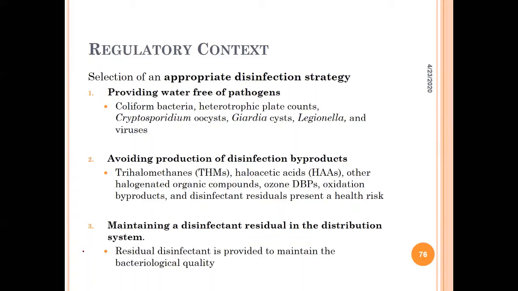At the same time, we have to maintain residual concentration in the distribution system, to maintain very good bacteriological quality of water, meaning water reaches the user without any pathogen. So we have to remove the microorganisms or pathogens, avoid disinfection byproducts, and keep residual concentration.